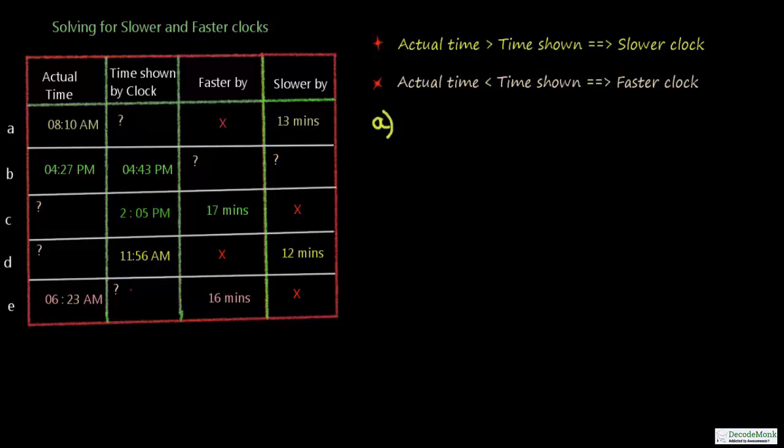So here it is said that the clock is slower by 13 minutes. So the actual time, I will denote actual time by AT. So the actual time is 8:10 am, and the clock time is lagging behind the actual time. So I will write clock time on the left hand side of actual time, because this is an analogy.